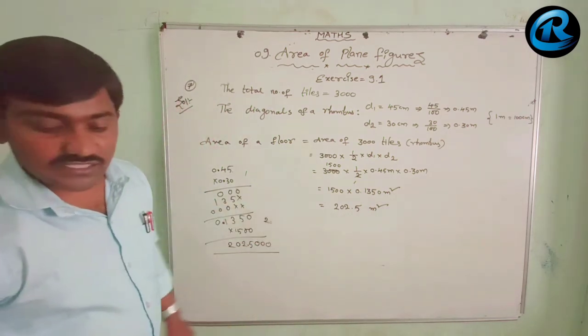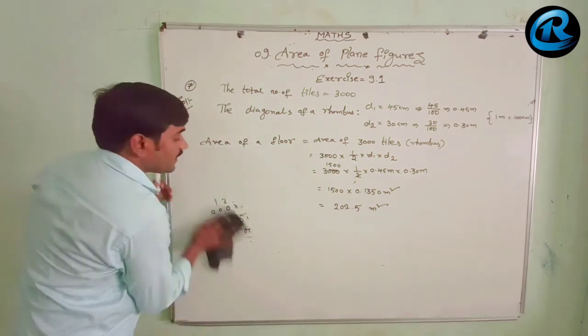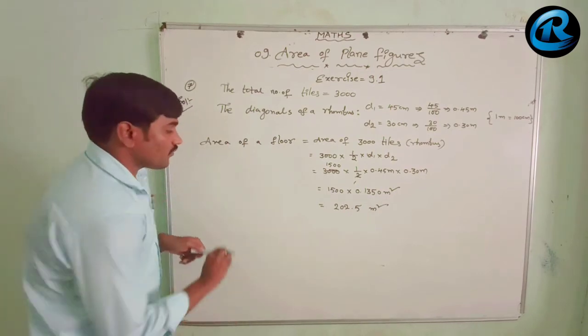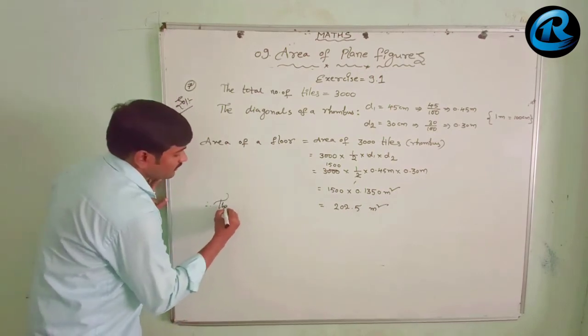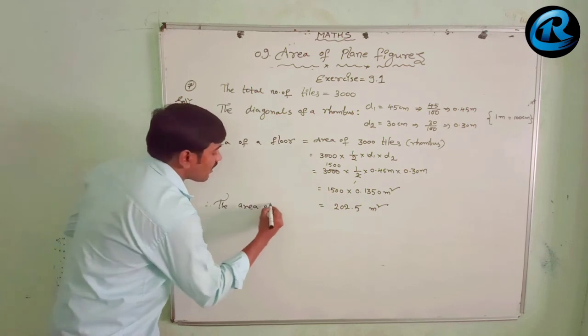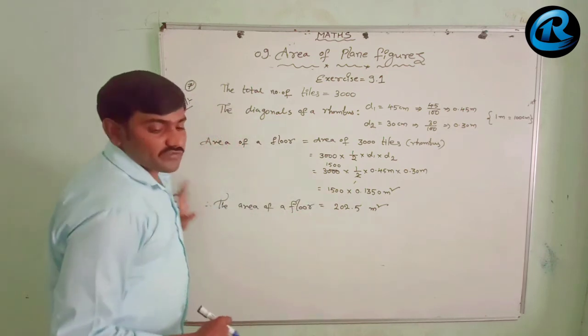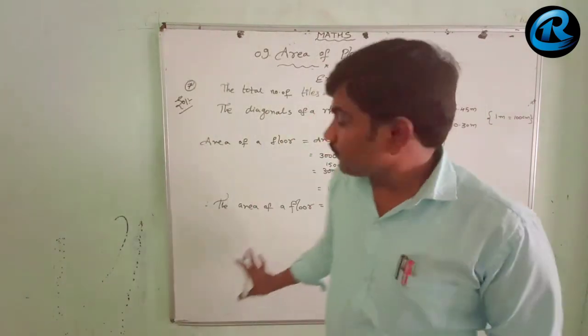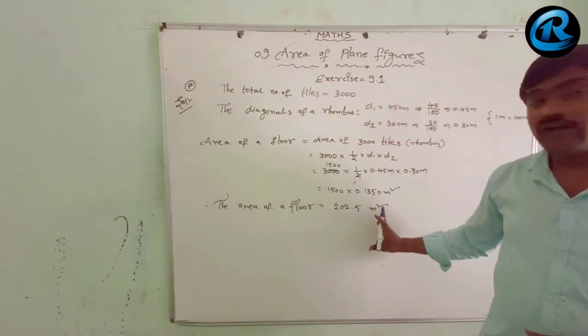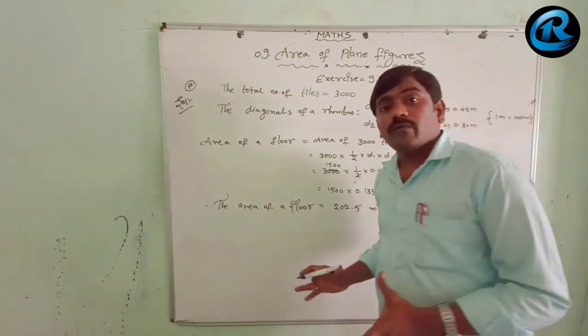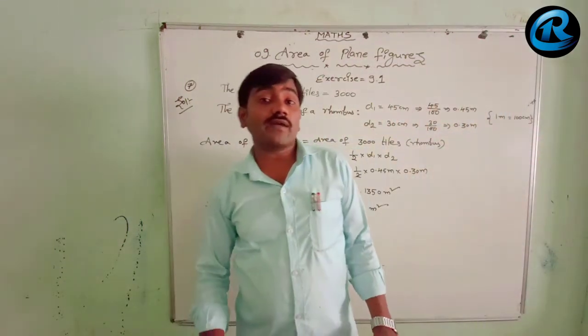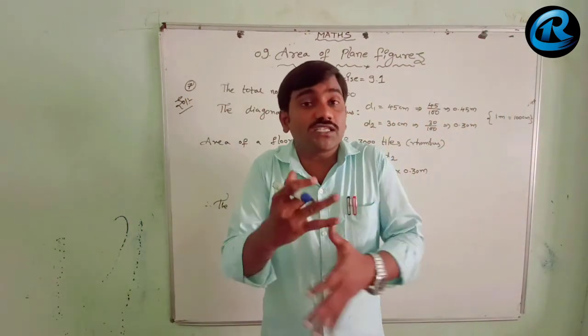So what is this? This is the area in meter square. అంటే ఆ ఫ్లోర్ అనేది the area of the floor. Here the area of floor is 202.5 meter square లో ఉంది. Now ఇప్పుడు ఇక్కడ 202.5 మీటర్ స్క్వేర్ ఉంది కదా, ఒక్కొక్క మీటర్ స్క్వేర్ కి ఎంత ఛార్జ్ చేస్తున్నాడు?